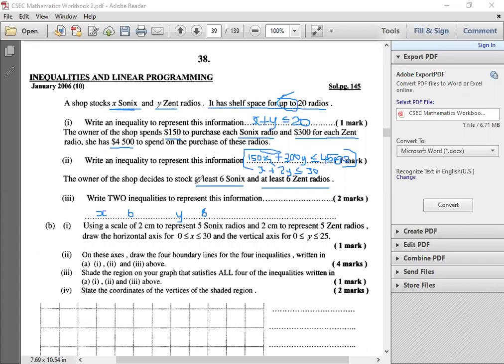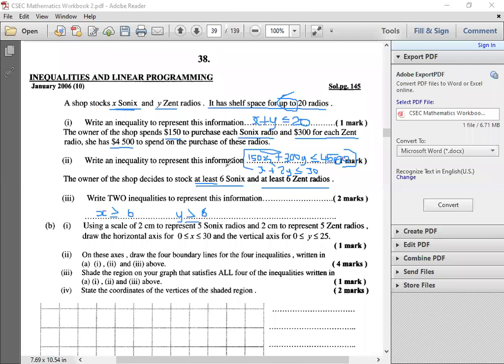At least, it must be greater than or equal to.